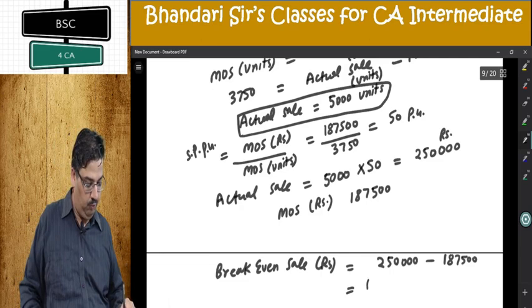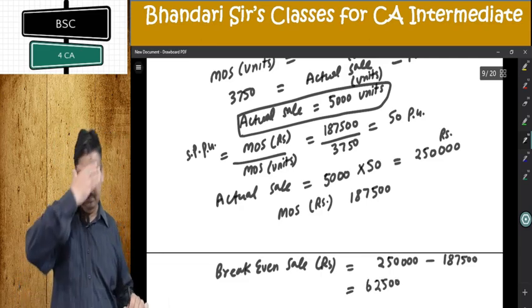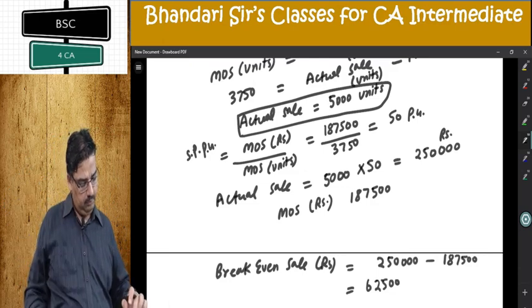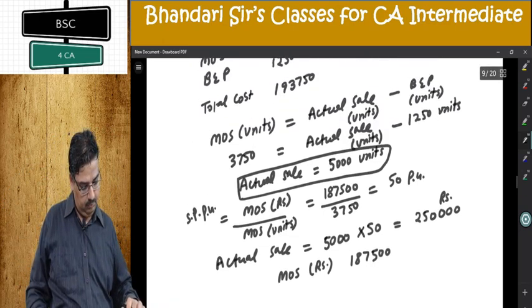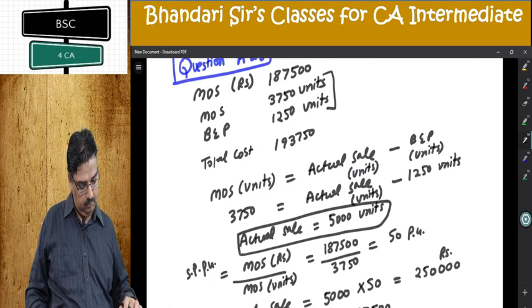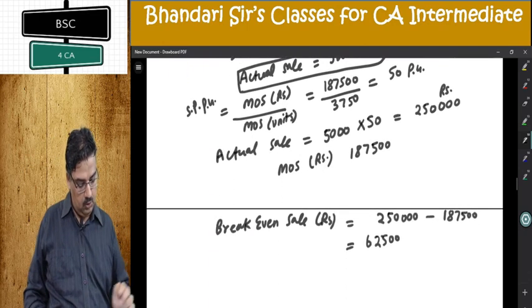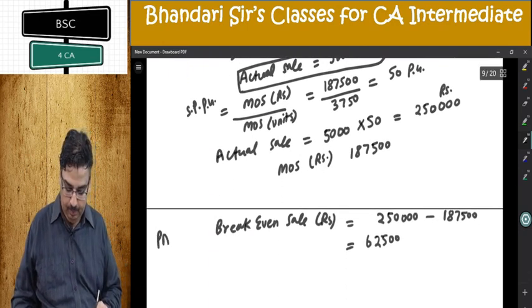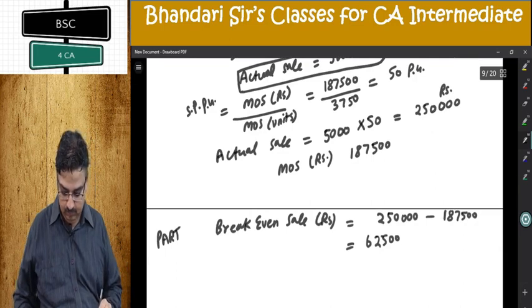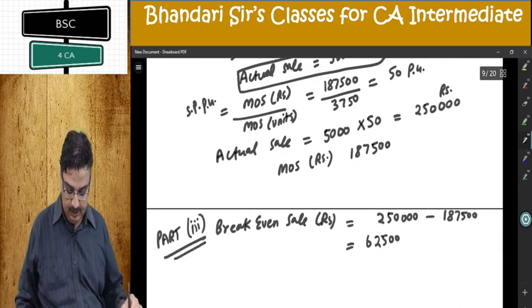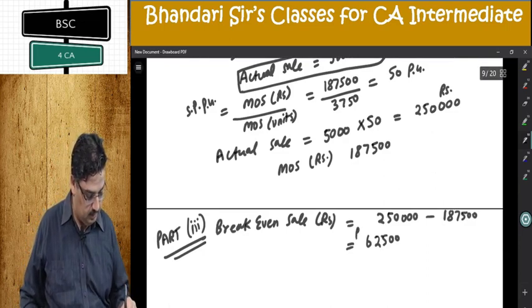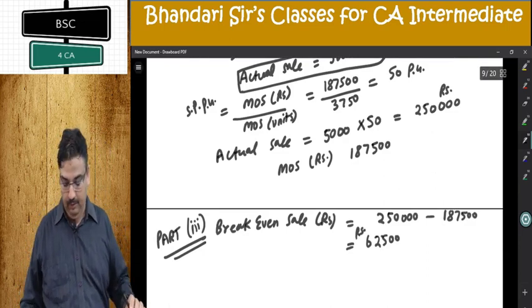This is 62,500. So I am able to get part 3 of the question. Break-even sale in rupees is 62,500.